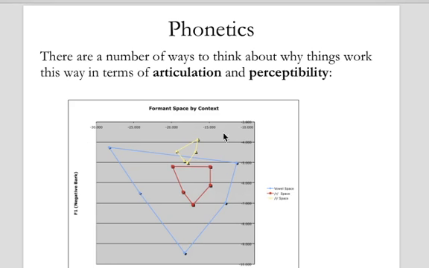This is more on the perceptibility side, and again, you don't need to understand every single detail here. All you should know is that this is a plot of some acoustic measurements of different vowels in Spanish, as well as what that little vowel-like portion of the tap looks like. So we're taking acoustic measurements of all of these, and we're trying to use these acoustic measurements to explain why it might be perfectly okay to have a tap sound appear after a stop in Spanish when it isn't in English.